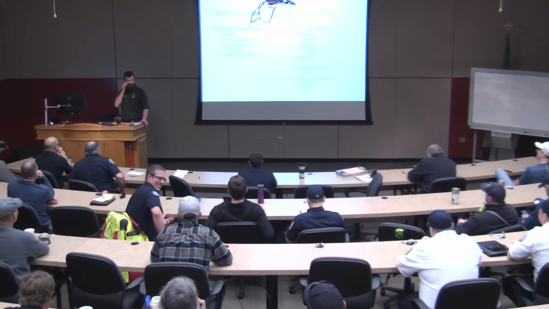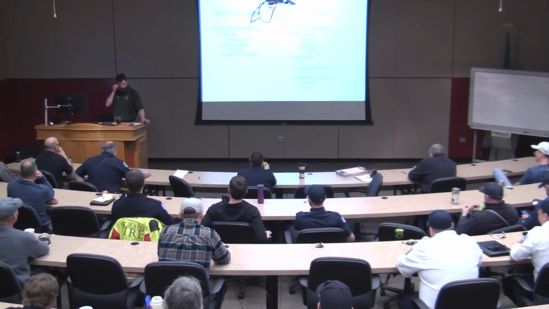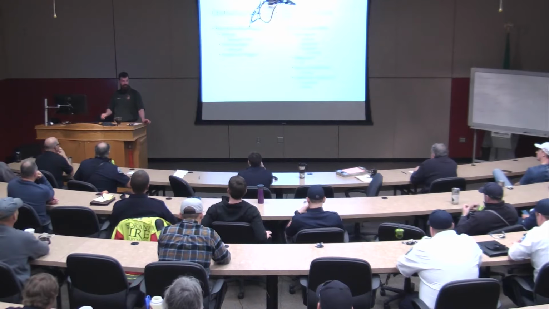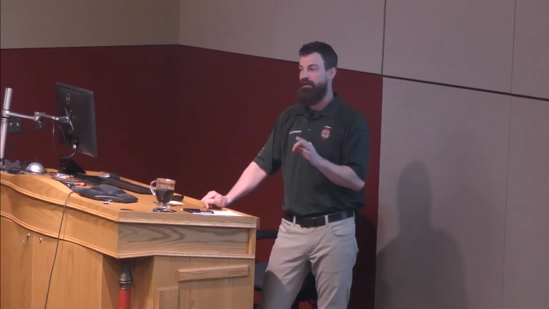I have to correct myself because I was wrong about what I said about altitude. So technically, you still have 21% oxygen at high altitude, but you have a lower pressure, so there's less available gas.